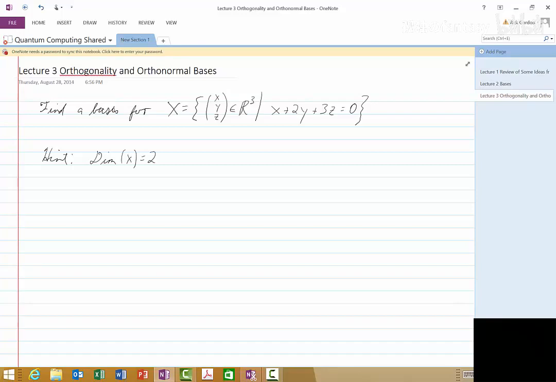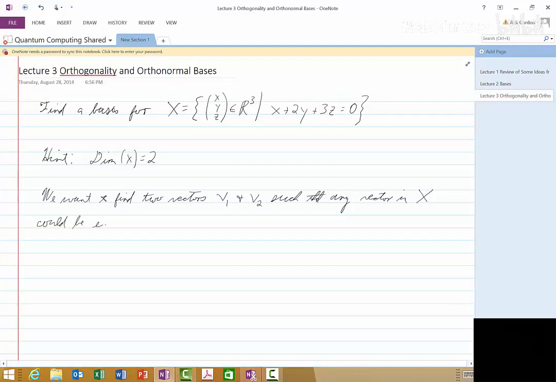In fact, let's write that down to make sure we're all together. So we want to find two vectors, v1 and v2, such that any vector in X could be expressed as a linear combination of v1 and v2.